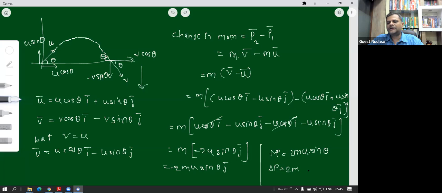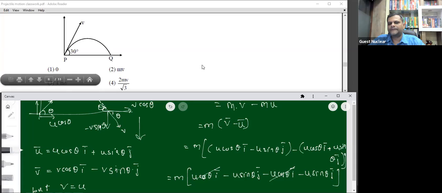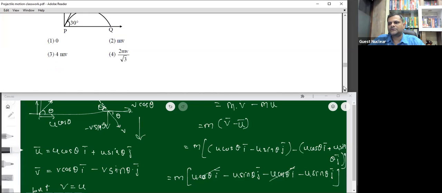How much is theta given here? 30 degrees, so if we put it in, how much is sin 30 degrees? 1/2. So the value of delta p is 2mu into 1/2, which makes mu. So mu will be the value of change in momentum in this case. That means it is going to be mv in this case because they did not give u, so mv will be the change in momentum here.